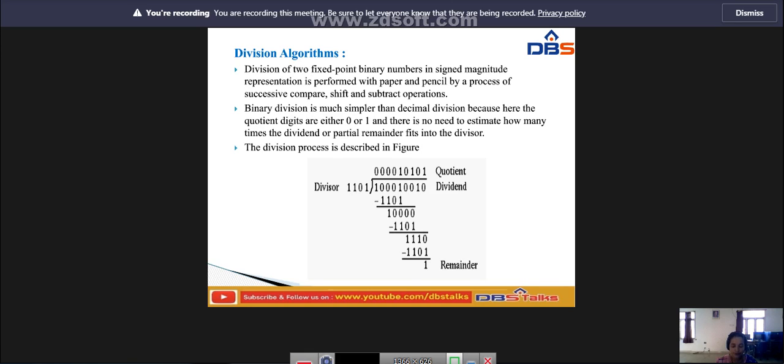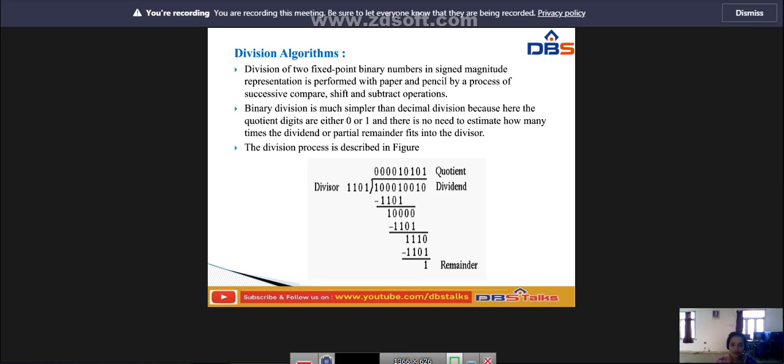Binary division is much simpler than decimal division because the coefficient digits are either 0 or 1, and there is no need to estimate how many times the dividend or partial remainder fits into the divisor. This is an example of the division algorithm.